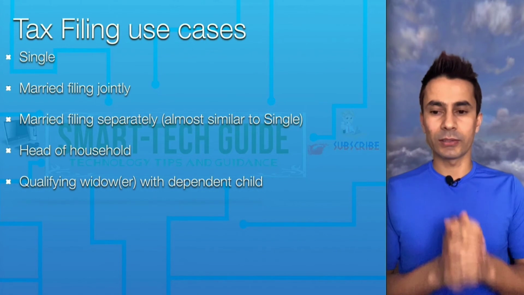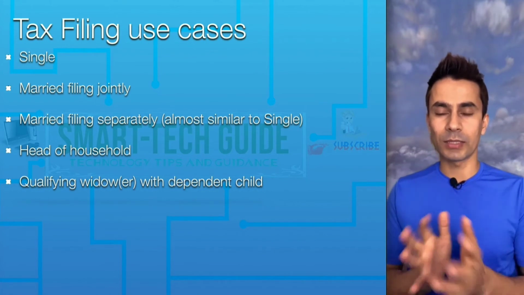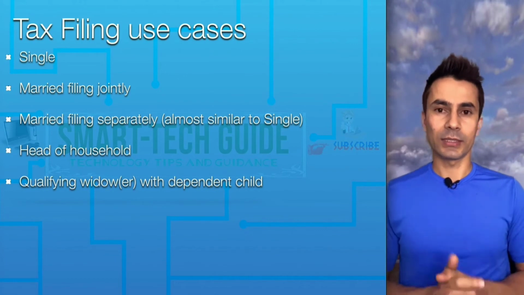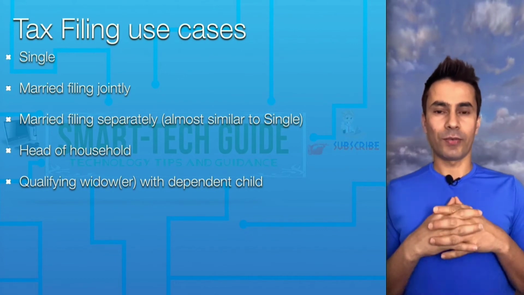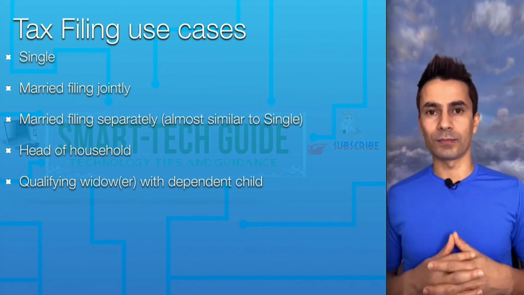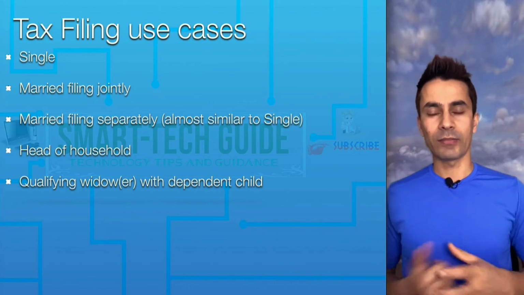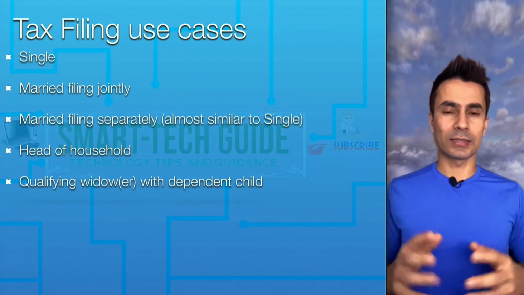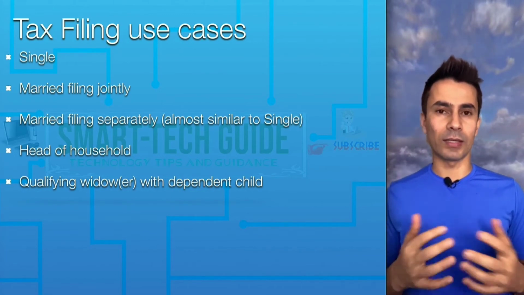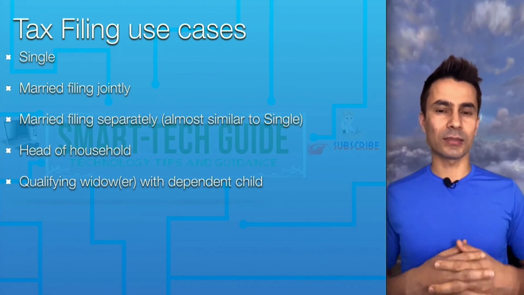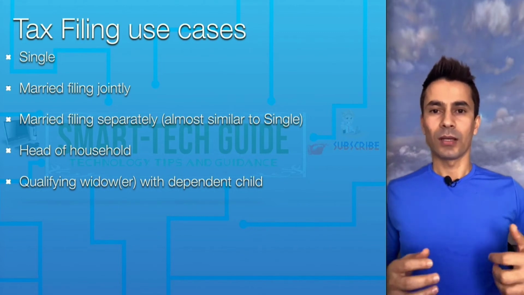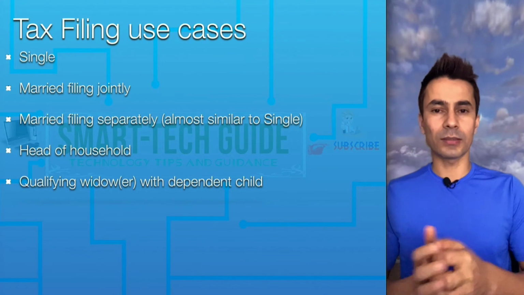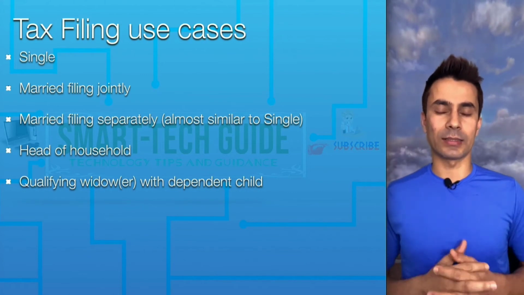Tax filing use case: there are multiple scenarios you may need to file. If you are single, you need to file. If you are filing as married filing jointly or married filing separately, married filing separately is kind of similar to married filing jointly. You just have to mention the spouse or domestic partner information, but everything else is like single.